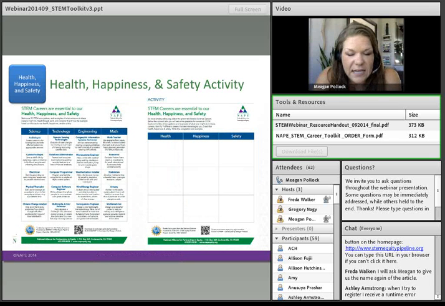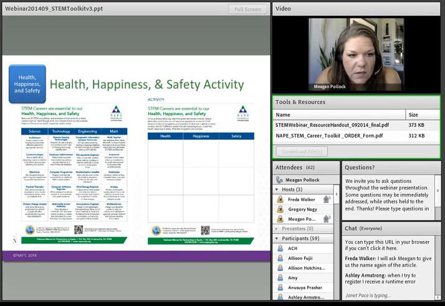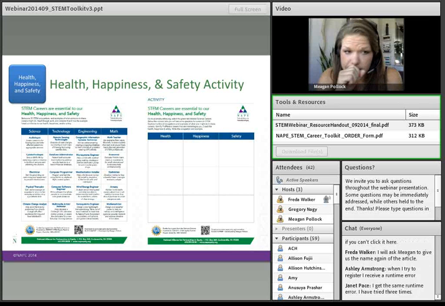One of the activities in the toolkit is based on this idea of health, happiness, and safety. What you can see here on the screen is 2 worksheets, kind of a front and back. In addition, in the toolkit, there's a lesson plan for how to lead this with your students. The worksheet on the left has an array of jobs and job descriptions or roles that you might do in this job.